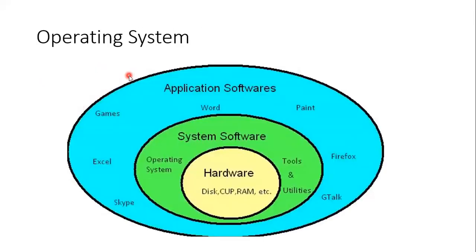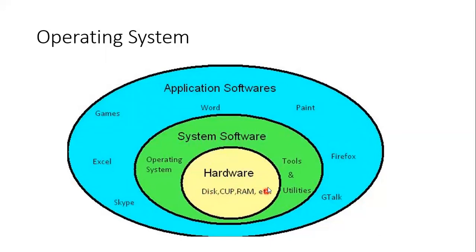Then, operating system. You know what an operating system is. Without an operating system, we cannot communicate with the system, right? The operating system is software which interacts with the hardware.